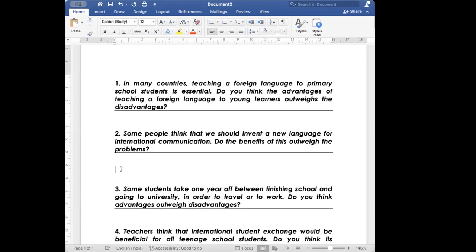There's a two sentence intro method that we advocate. Some people think that we should invent a new language for international communication. Instead of saying some people think, say it is believed by some.